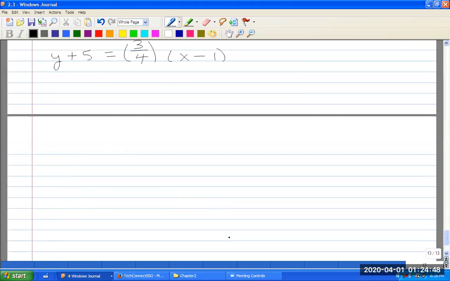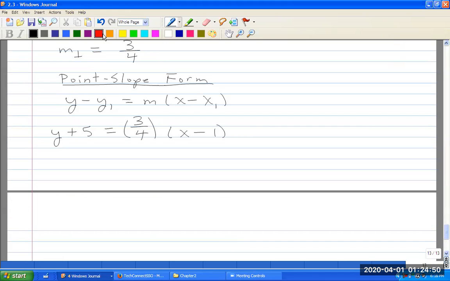Let me get rid of the fraction. Actually, let me not do that. Let me multiply the 3/4 inside the parentheses first. So y plus 5 equals 3/4 x minus 3/4.